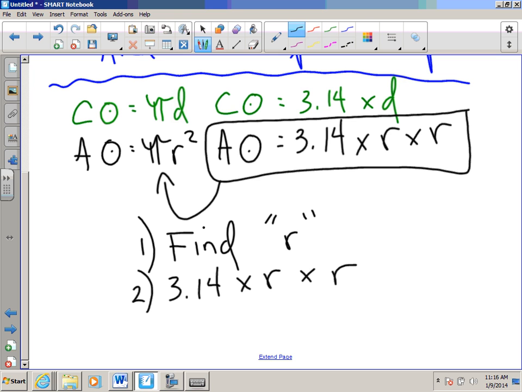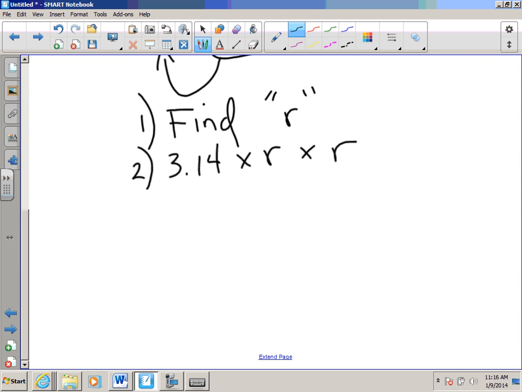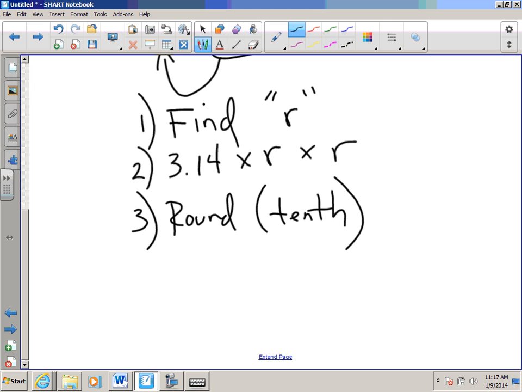R times R, 3.14 times R times R. Step 3, what was step 3 with circumference? Right, so we're going to round for step 3, but in this case, we're going to round to the nearest 10th place.